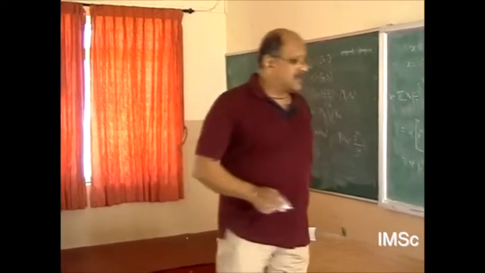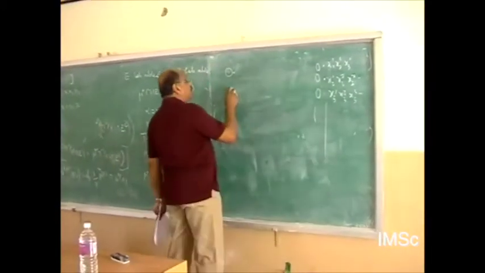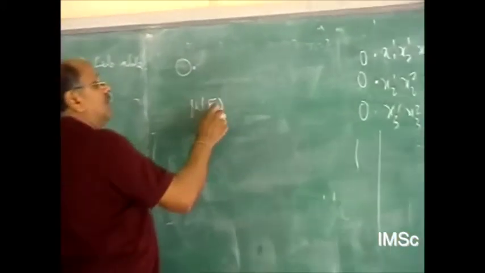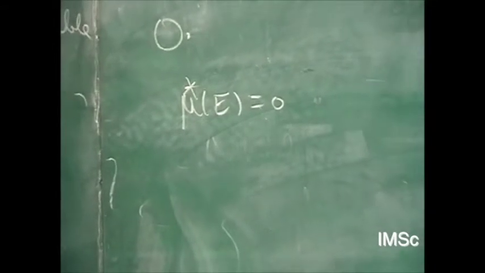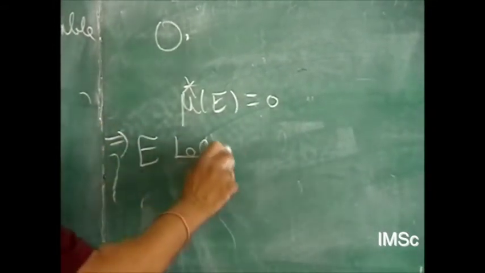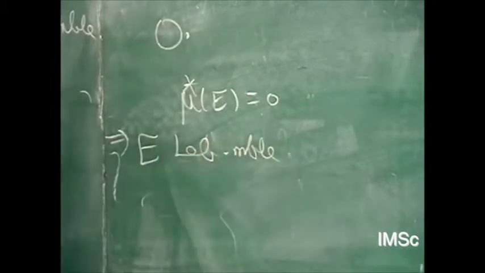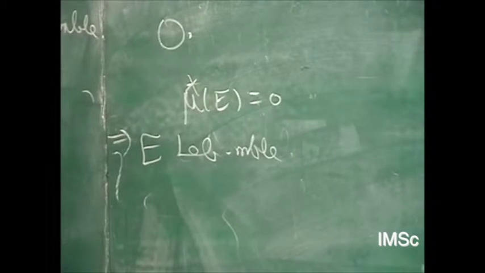For instance, there is a property that if the outer measure mu star of E is 0, then E is Lebesgue measurable. Every set with outer measure 0 is Lebesgue measurable.